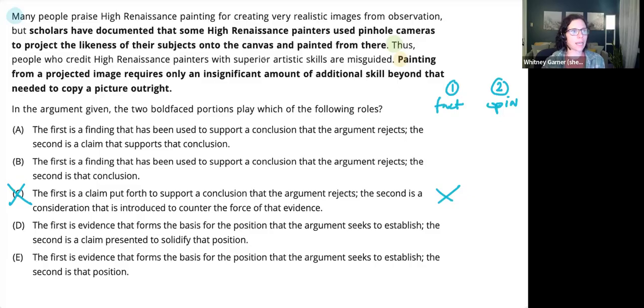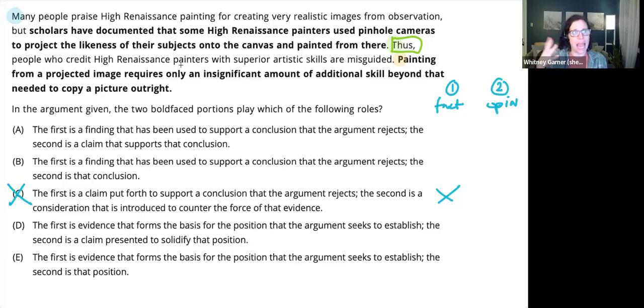Yeah, and they're really kind in this one. They give us a really nice conclusion word. They say thus. This is our conclusion. Thus, people who credit high Renaissance painters with superior skill are wrong. They're wrong. Therefore, they're wrong. So the second isn't the conclusion for anybody, right?